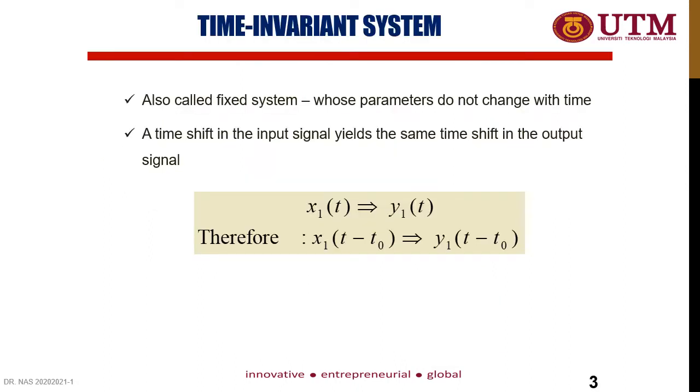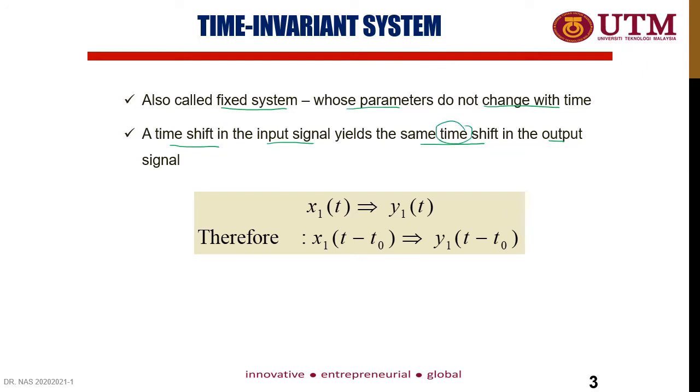Okay, time invariant system is also known as a fixed system, in which its parameters do not change with time. In a time invariant system, a time shift in the input causes the same shift in the output. Okay, the same time shift.